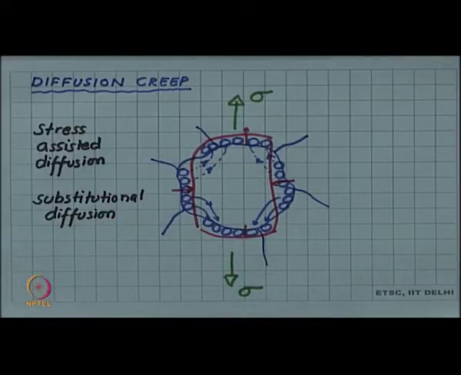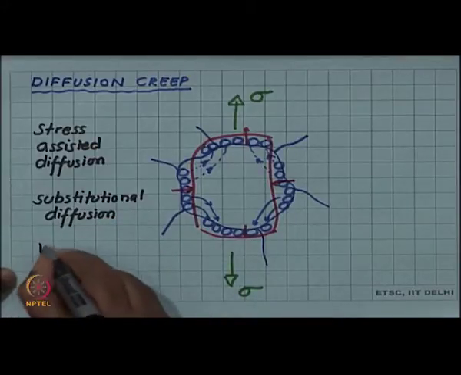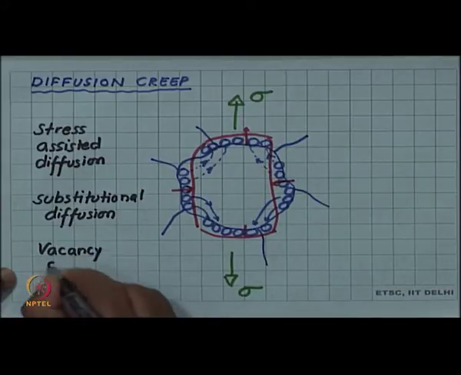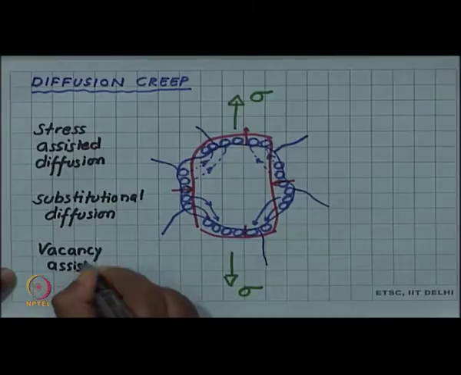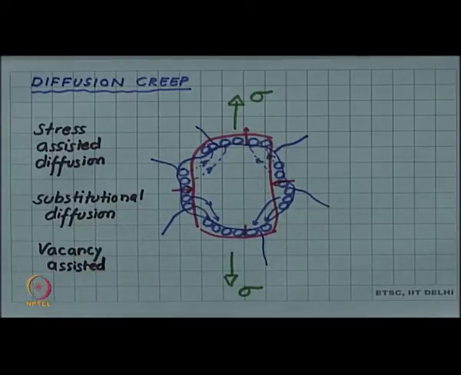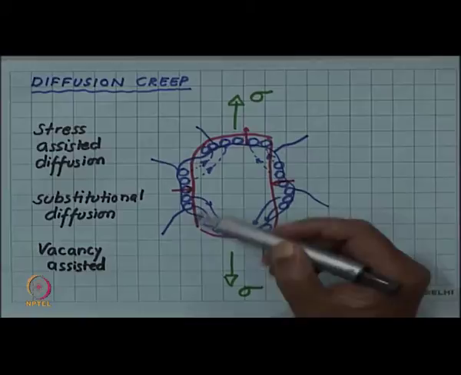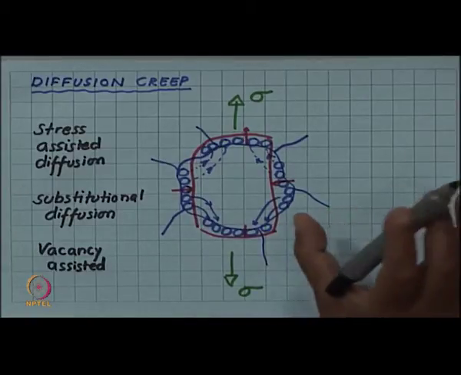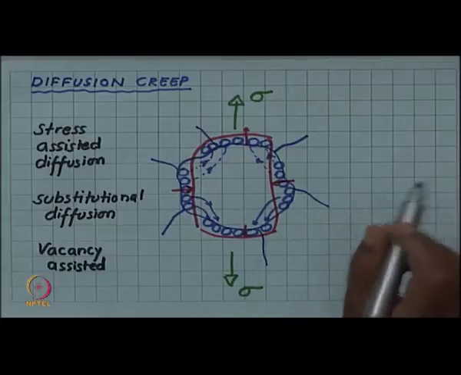And for substitutional diffusion you need vacancy. This is vacancy assisted, and again you know that vacancies are more available at higher temperature, and vacancy concentrations are higher at higher temperature. So, this kind of diffusion is more possible because of the higher temperature which is available during creep.